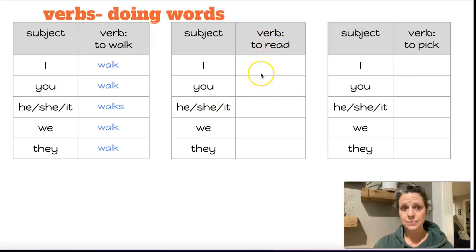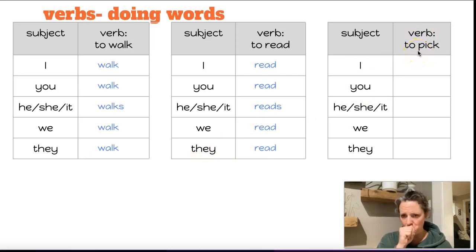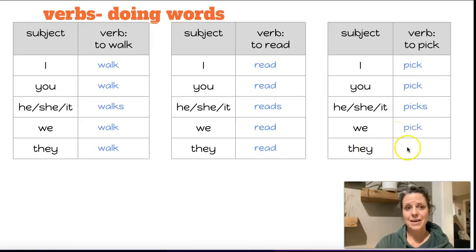So I read, you read, he, she, it reads, we read, they read. And to pick. Excuse me. I pick, you pick, he, she, it picks, we pick, they pick.